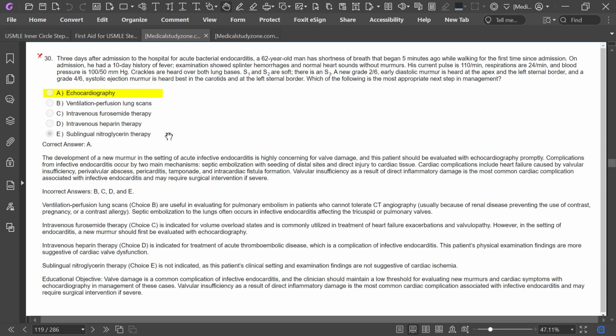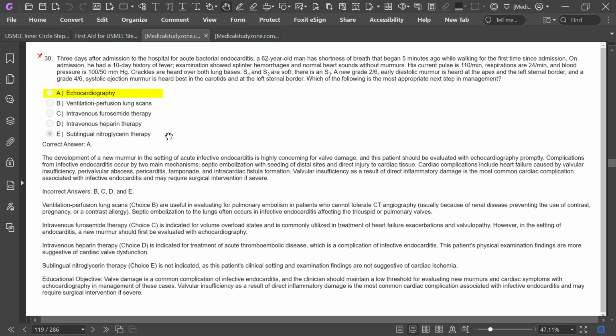Ventilation perfusion lung scans are useful in evaluating pulmonary embolism in patients who cannot tolerate CT angiogram, usually because of renal disease preventing the use of contrast, pregnancy, or contrast allergy. Septic embolization to the lungs often occurs in infective endocarditis.